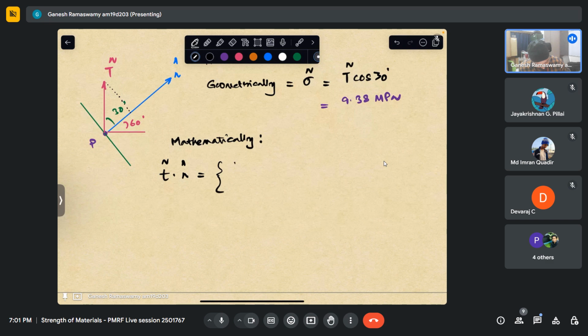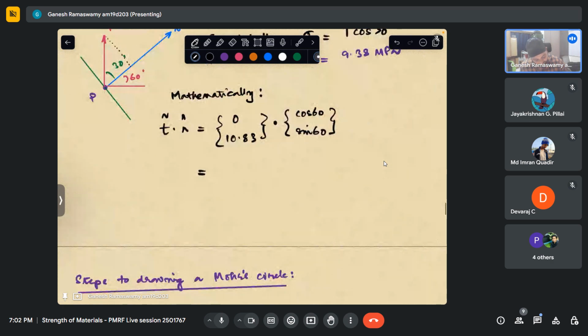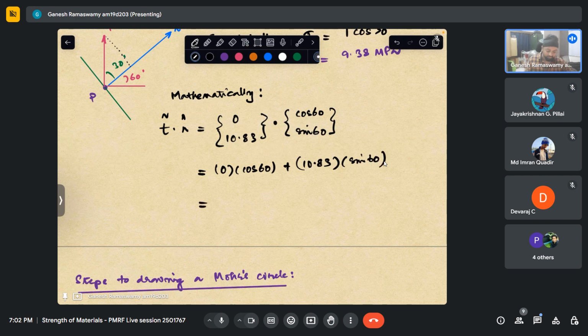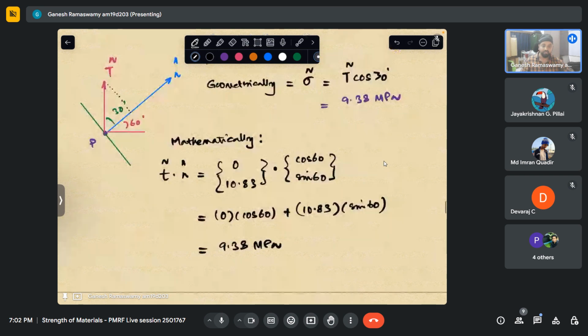The traction vector we got as (0, 10.83), dot product with n, which is (cos 60, sin 60). This is nothing but 0 times cos 60 plus 10.83 sin 60, which comes out to be 9.38 again, the same as what we got from geometry.